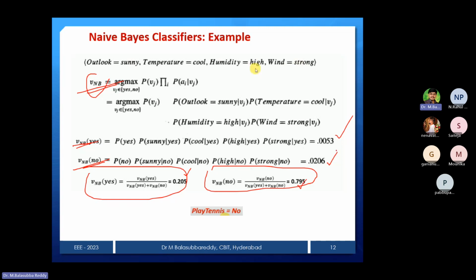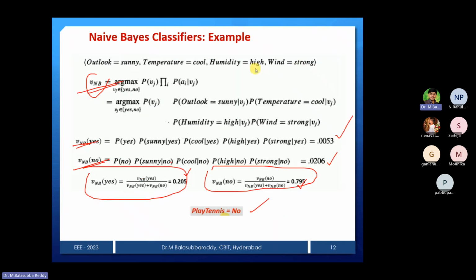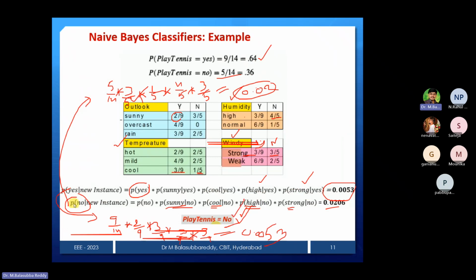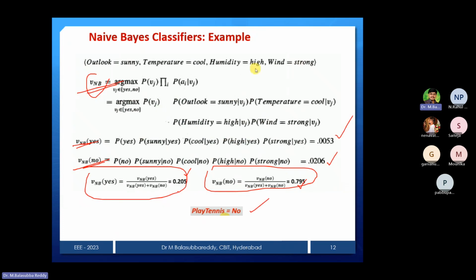Now, after calculating this, you will get this 0.79. Then also it will be play tennis is no. Either you can stop here itself, you can understand which is having more probability. Same thing will extend if you want to use this formula also, you can use it. But finally, the chances are no. This is the way we are able to solve the problem.